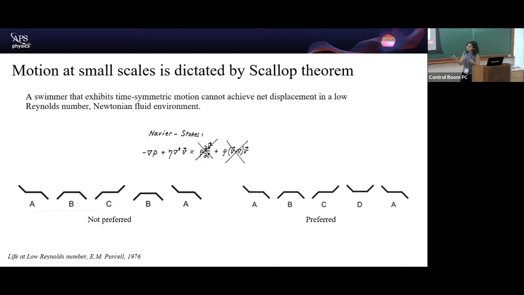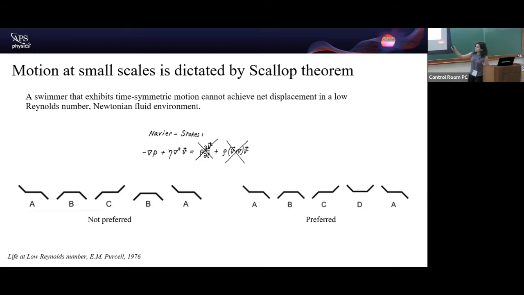What does it mean? If you see on the right-hand side over there, if you deform your body in such a way that you keep doing a symmetric sequence, that is, you go from A to A and then you go back from A to A, it's the same thing in time. So you cannot really differentiate what is happening.